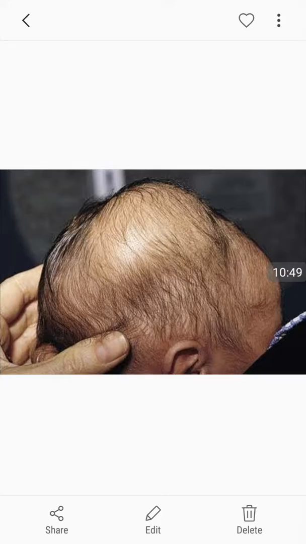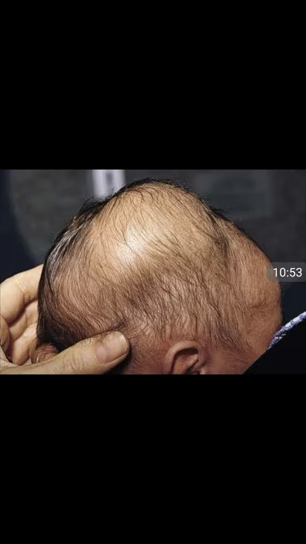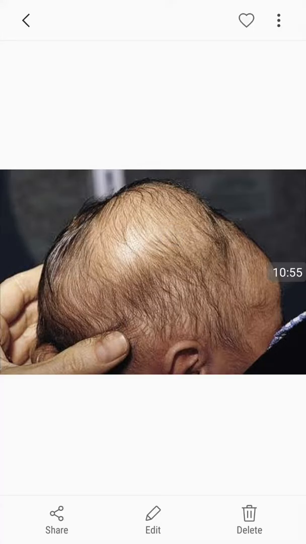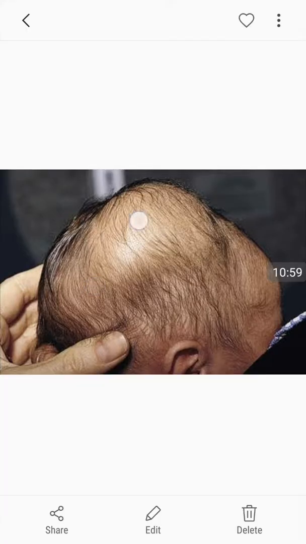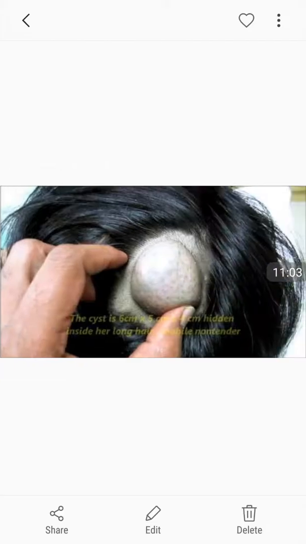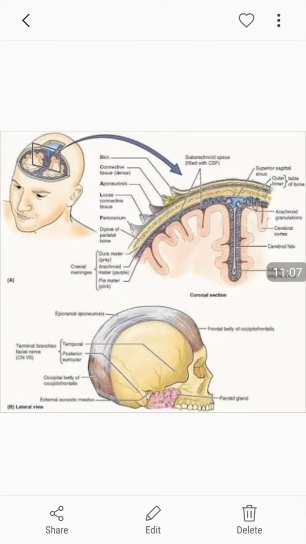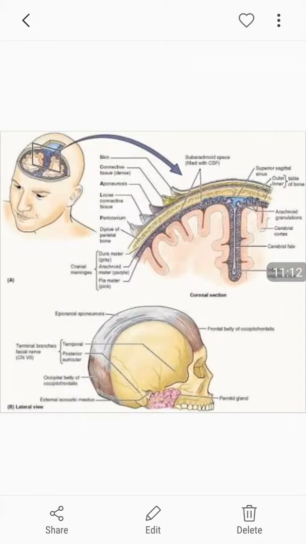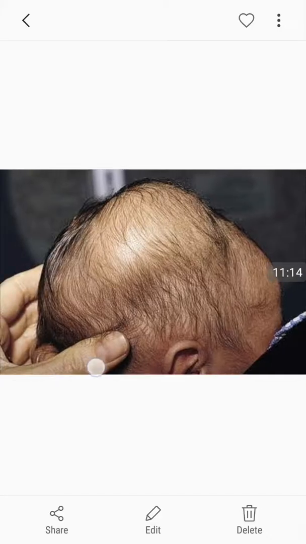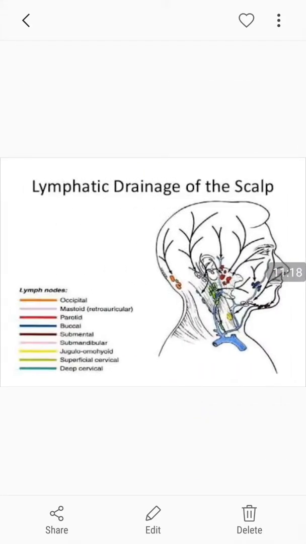This swelling is called cephalohematoma. It is actually a bleed, and it develops between the pericranium and the bone. So this is cephalohematoma, which subsides after some time on its own. There is no need to get anxious about it.